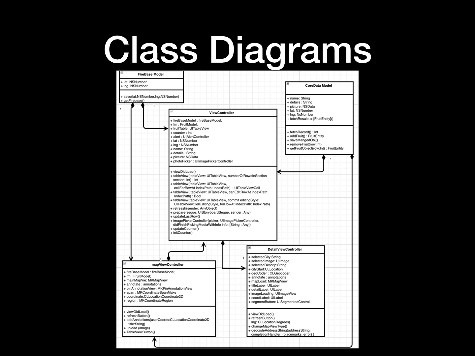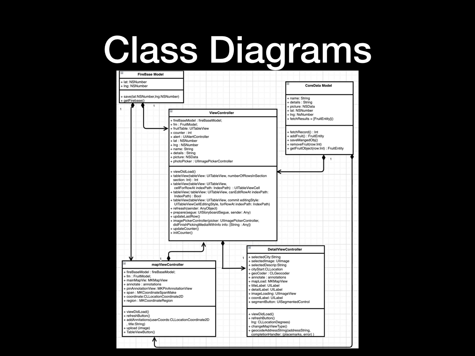And the save managed object will save an image properly, and remove fruit will remove an item from the table view, and get fruit will get a certain entity based on the row input and return the entity. So all the data in Core Data will be persistent.